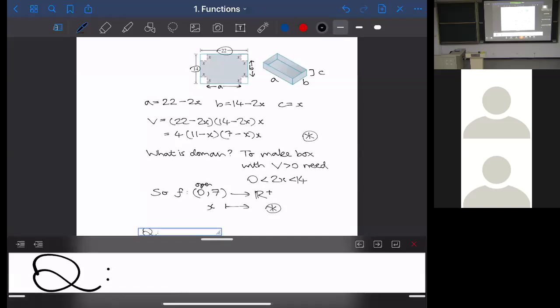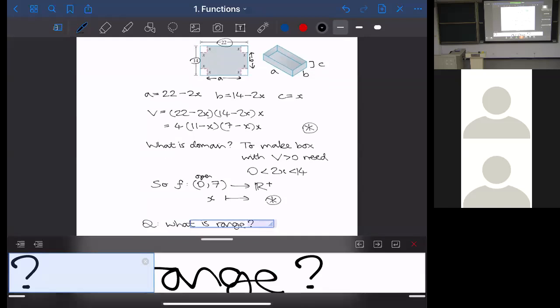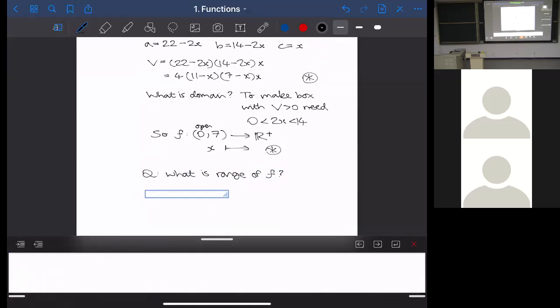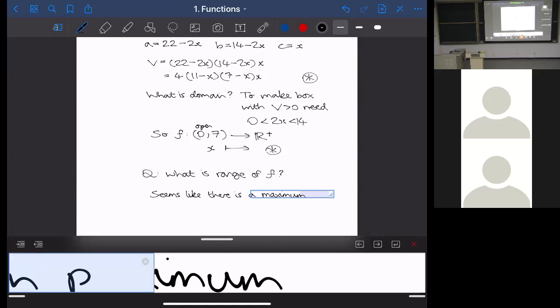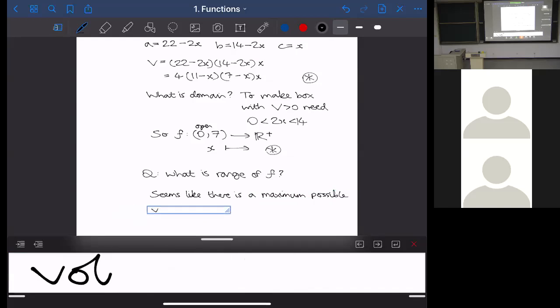So question you might ask, what is the range of f? Seems like there is a maximum possible volume.